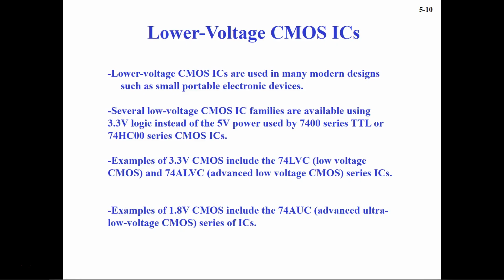There are two important factors that have led the IC industry to move towards lower power supply voltages in CMOS devices. First, if you cut down the power supply voltage, then the power dissipation will reduce dynamically. In fact, it will reduce more than proportionally, which is huge.